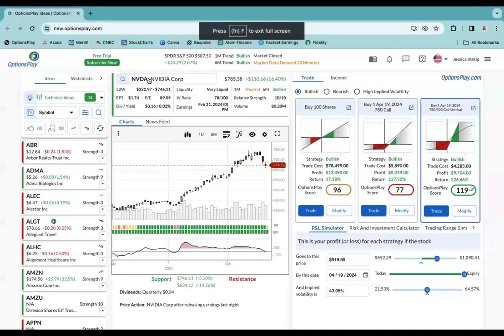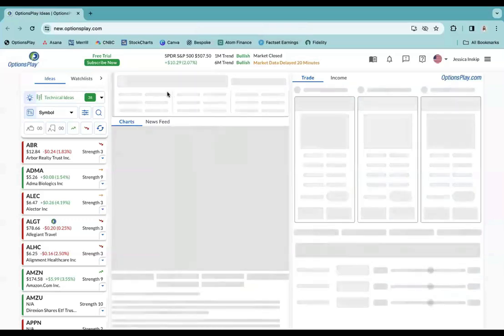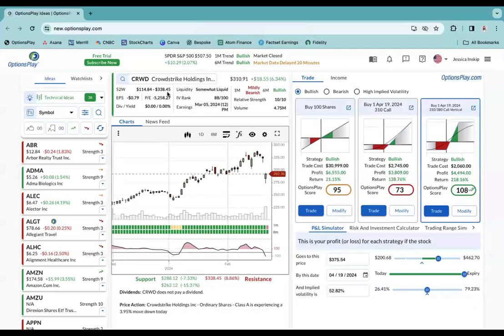So we're going to look at, I saw CrowdStrike. Earnings March 5th. That's a little far. What else was in there? I said Carvana.